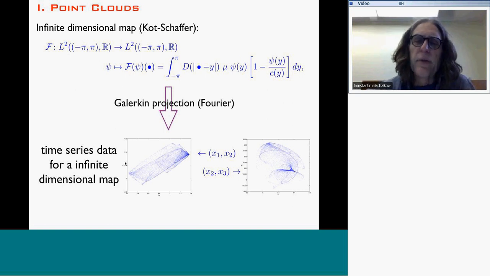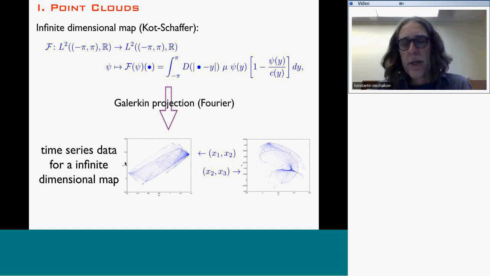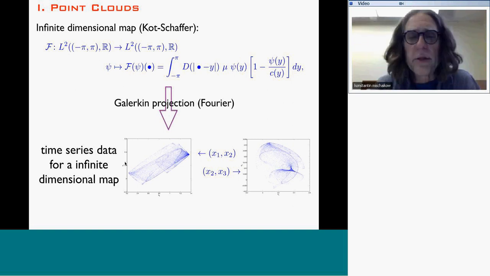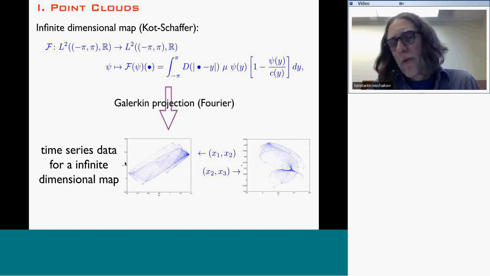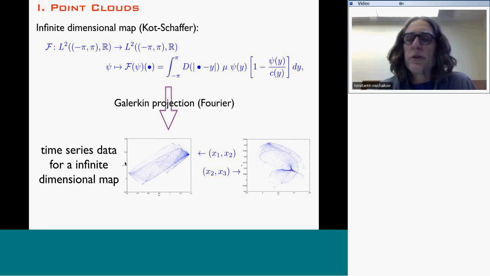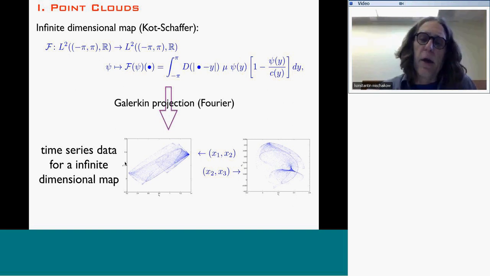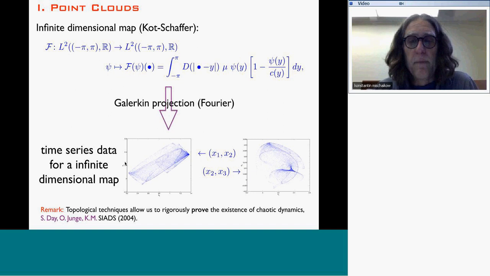One plot looks at the first Fourier coefficient against the second Fourier coefficient, and the other plot looks at the second coefficient against the third coefficient. This looks kind of like a chaotic dynamical system, and what can one do with it? The reason I raise this is because one can use rigorous computational methods.